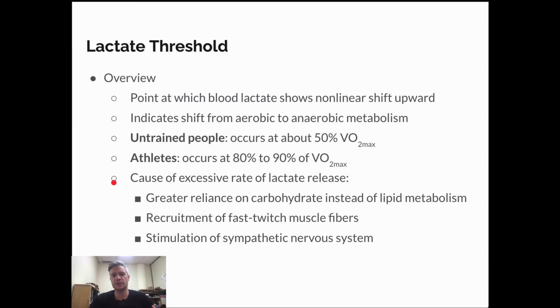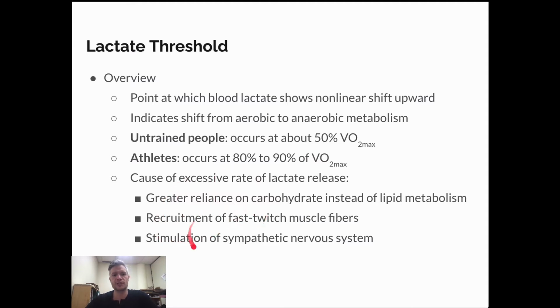And as we shift away from that lower intensity and start getting to a higher intensity, our body starts needing to recruit more and more fast twitch muscle fibers, which means we need to recruit more and more of our anaerobic system. Now, if you recall, that anaerobic system uses carbohydrates to produce the increasing energy demand for type 2 muscle fibers. Carbohydrates is our jet fuel, right?